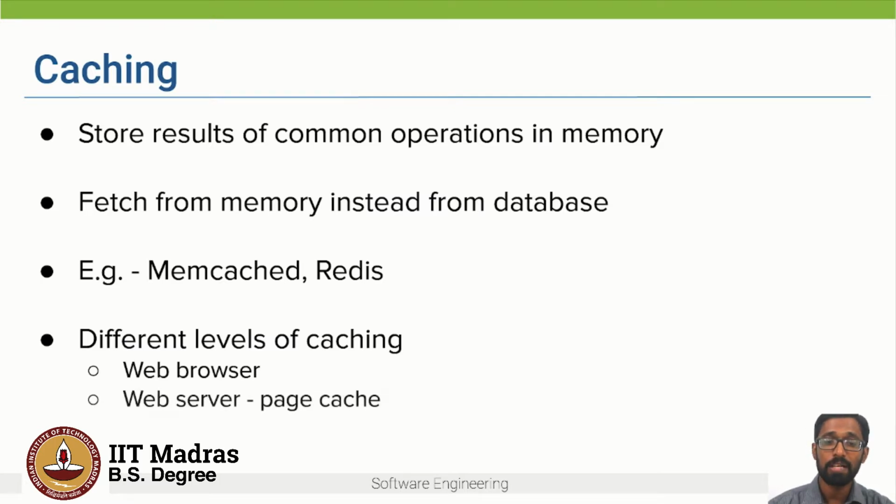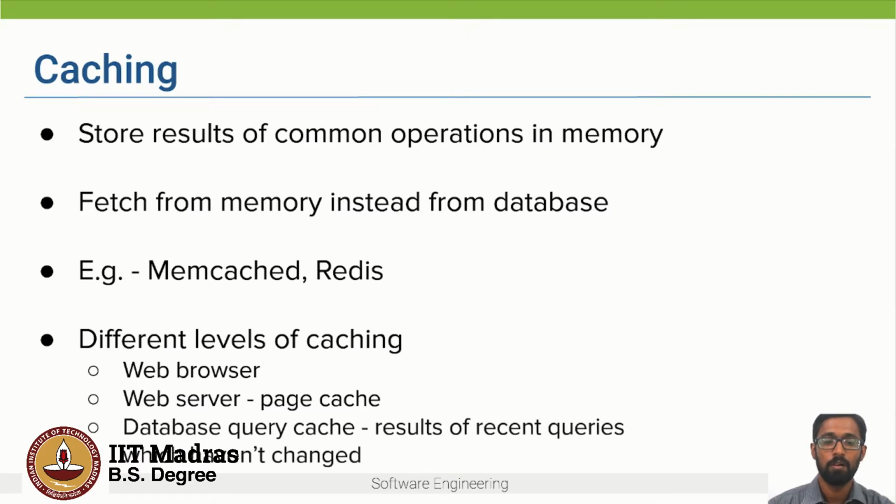Otherwise, even at the web server, there are page caches. So instead of accessing the database, the web server can send the web page which is stored in its cache to the client. And caching can happen in the database also.